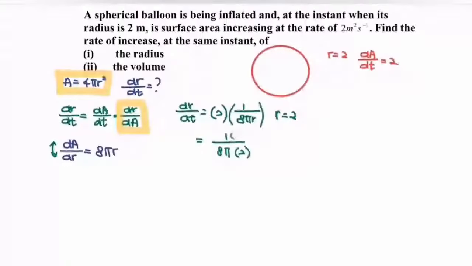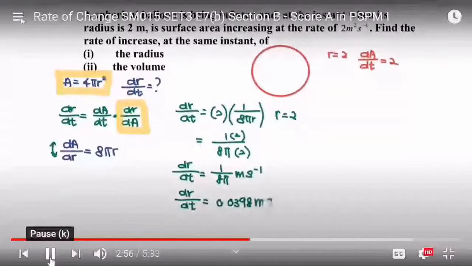So finally, dr/dt is equal to 1 over 8 pi meter per second. Or you may express your answer in the form of decimal. So dr/dt will be equal to 0.0398 meter per second.